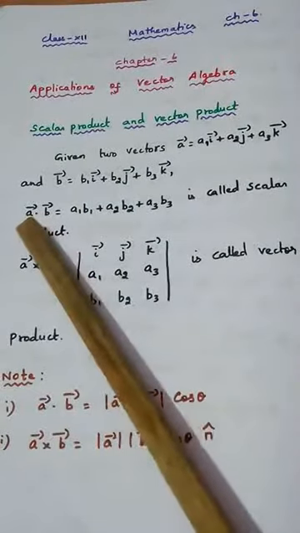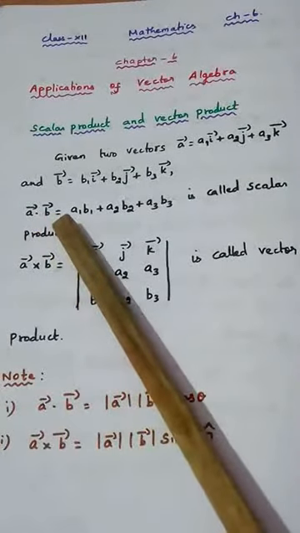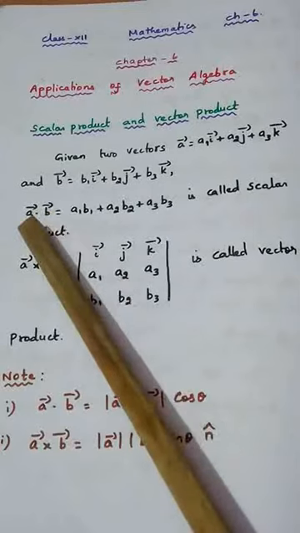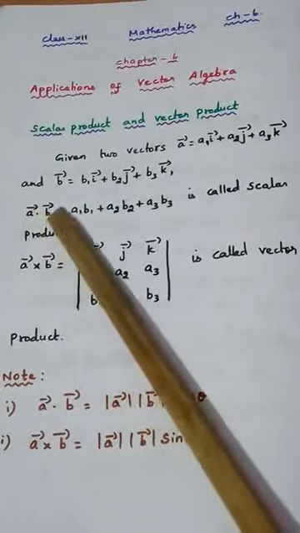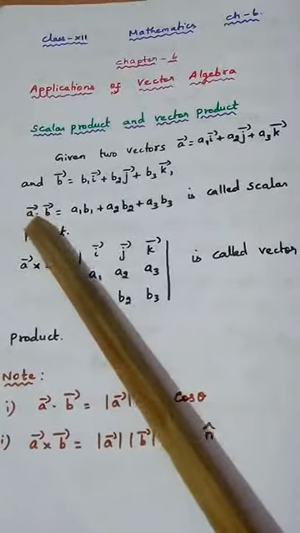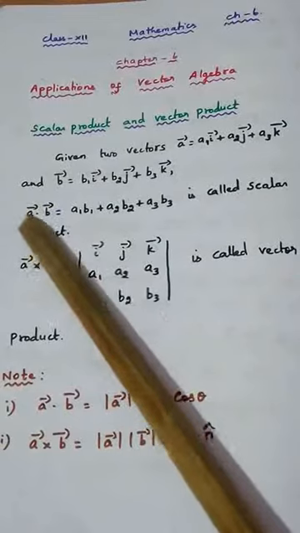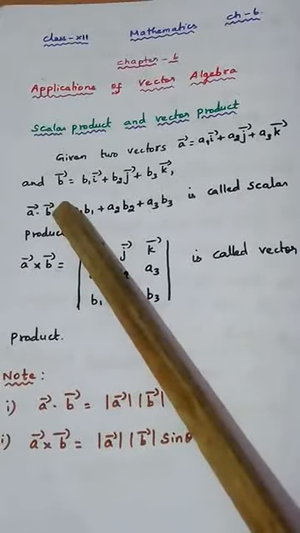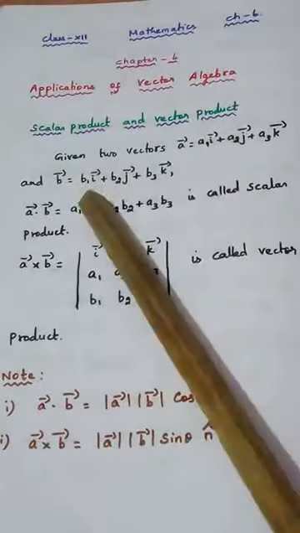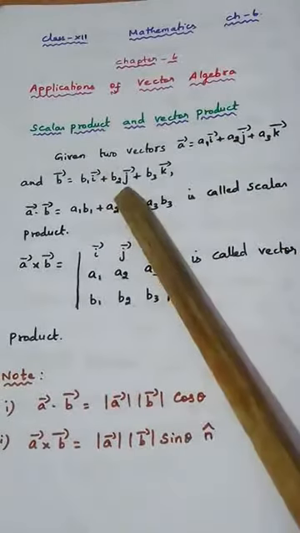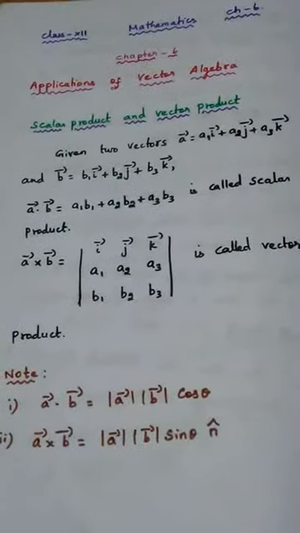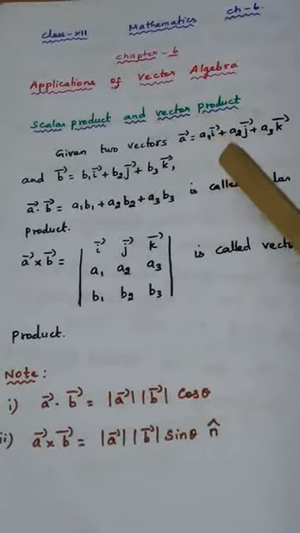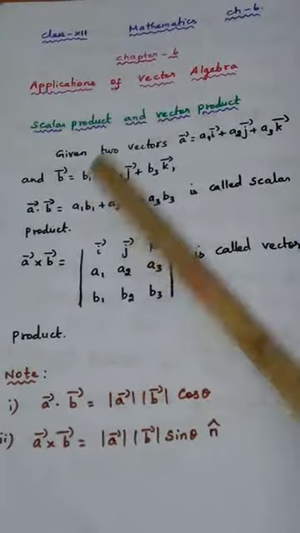Then the dot product A vector dot B vector is given by the formula. This is called scalar product, otherwise called as dot product. How to find dot product? i should be combined with i, j should be combined with j, k should be combined with k. So if we do like that, what happens? i combines with i. We know very well i dot i is 1.